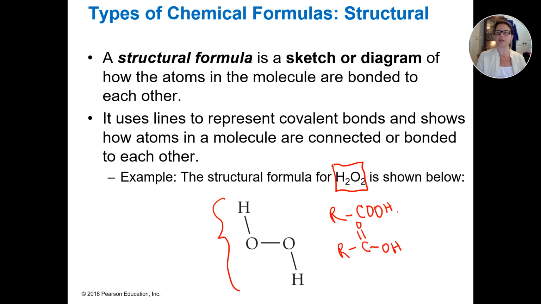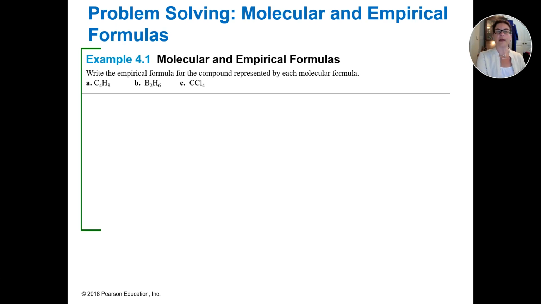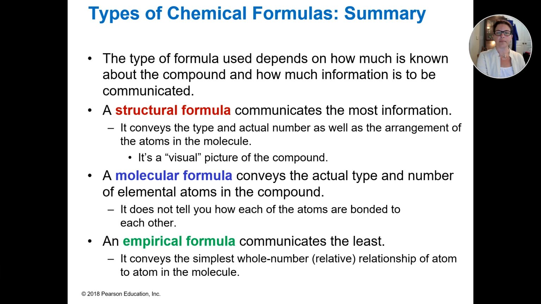So these are just structural formulas that tell us where everything is in the structure, and we're going to learn how to do that. I do recommend going through and doing these. This is just the summary of the types of formulas that we have. Go ahead and review this and practice with it.